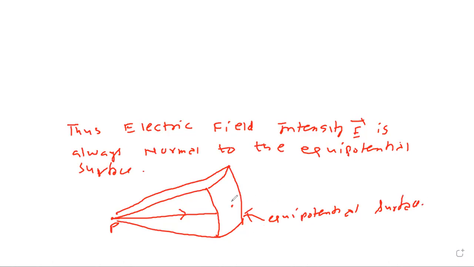So if I consider a surface, normal to the surface is E bar, displacement is done on this surface, dx bar. Okay, clear meaning? This is the equipotential surface, this one. Perpendicular to this is E bar, and along this surface is displacement. Draw the diagram. Surface is perpendicular to the direction of E bar, or E bar is perpendicular to the surface.